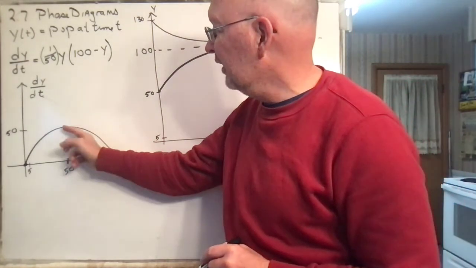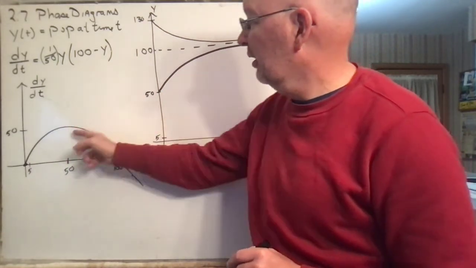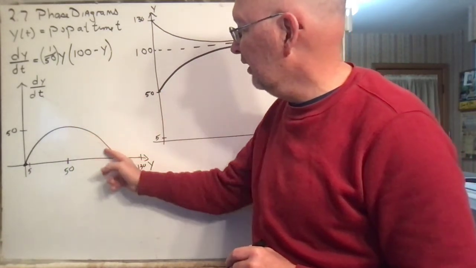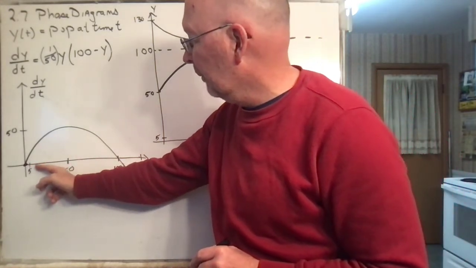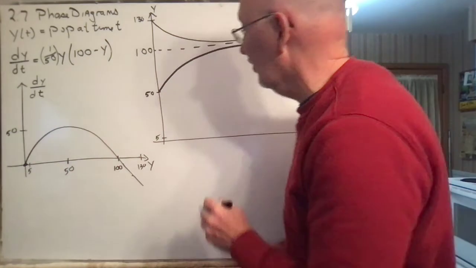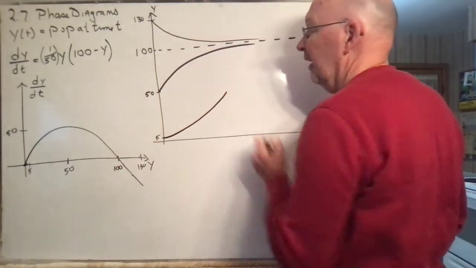When I get to 50, that's where the slope has got to be the greatest, and then the slope starts decreasing as I continue on from 50. So starting at 5, my rate of increase is going to be increasing faster and faster. See that?